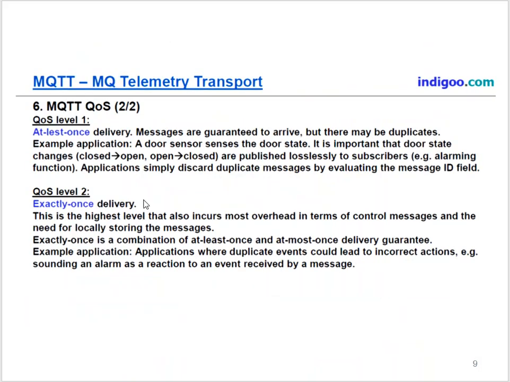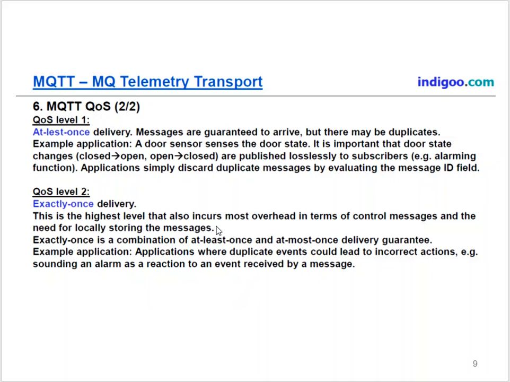And level 2 could be used in systems where it is really urgent or really critical that exactly one message is received, with no duplicated messages and no missing messages.